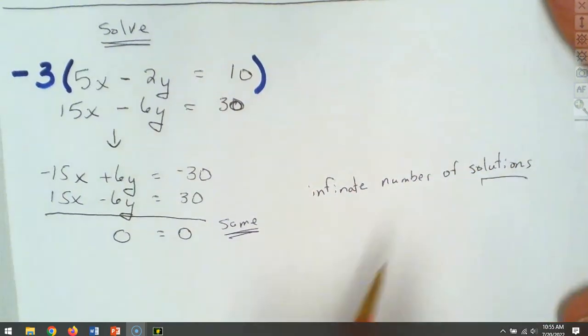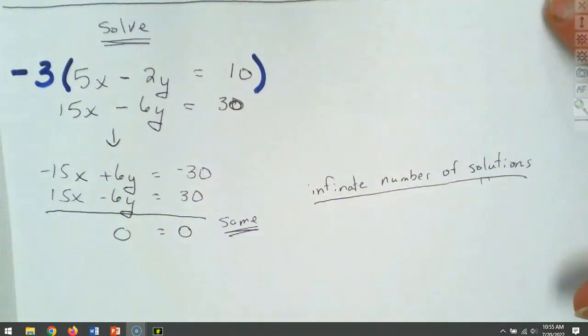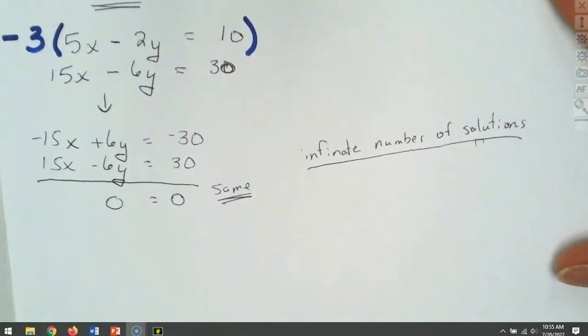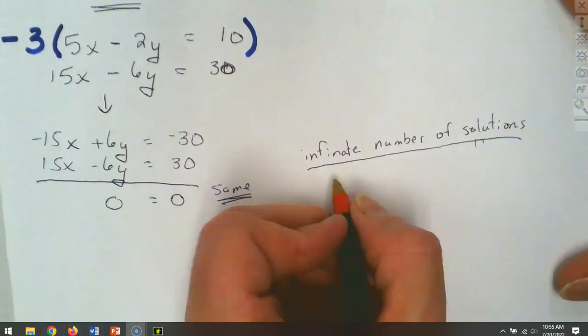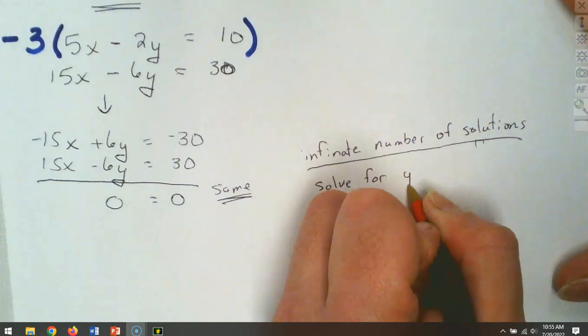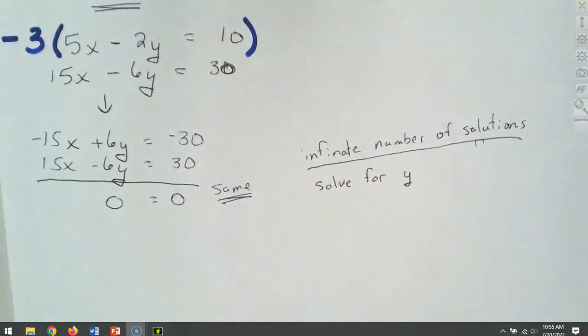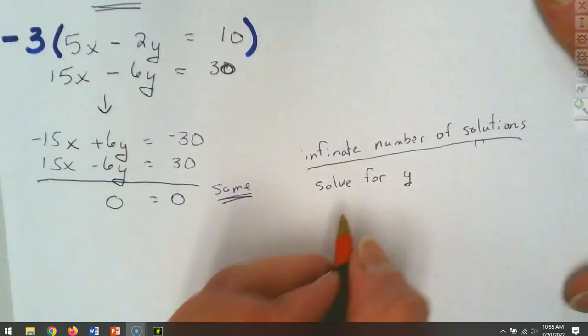And if it has an infinite number of solutions, there's a very specific way in which we write these. What we do is we solve for y. So if it's an infinite number of solutions, we have to use what's called an arbitrary x. So we have to solve one of these equations for y. Doesn't matter which one.